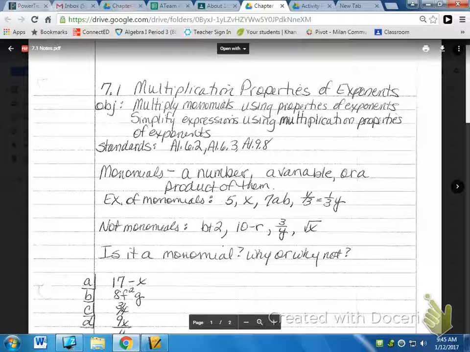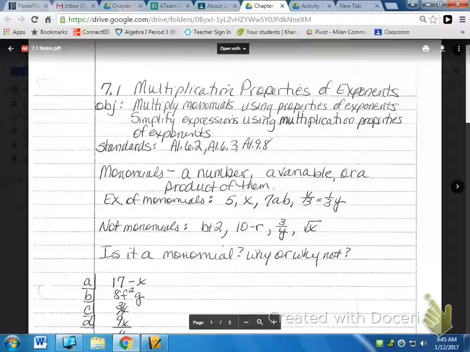Mono means one, so a polynomial that would have two parts would really be a binomial. Bi means 2, tri means 3. So 10 minus r has a minus sign, so it's not a monomial, but that one has two parts. It would be a binomial.